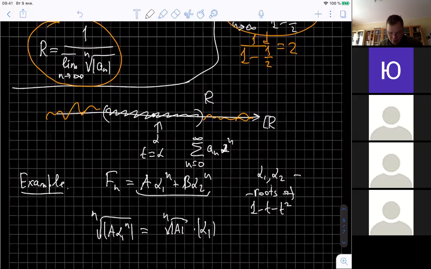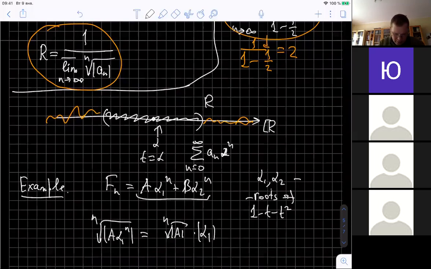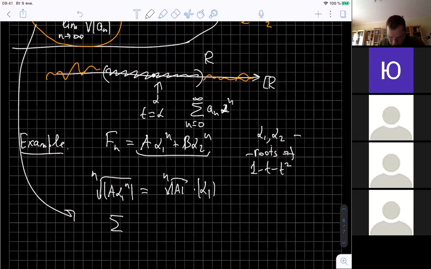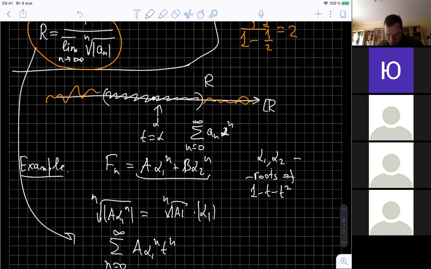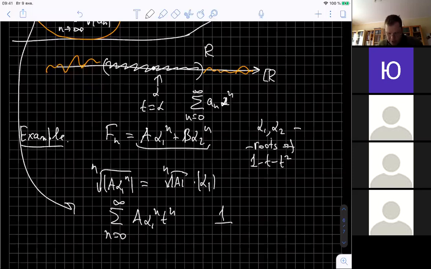And so this radius r for the formal power series sum of alpha 1 to the n times t to the n will be just equal to 1 over modulus alpha 1.